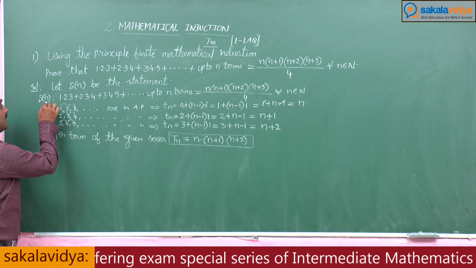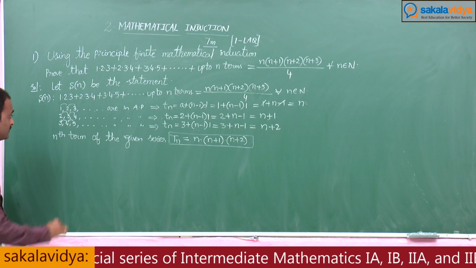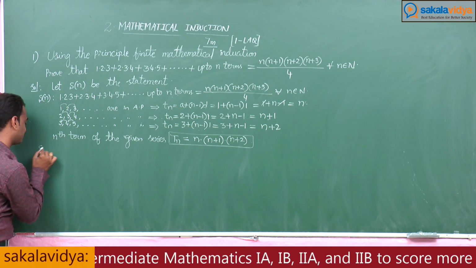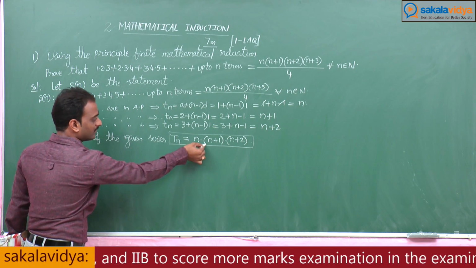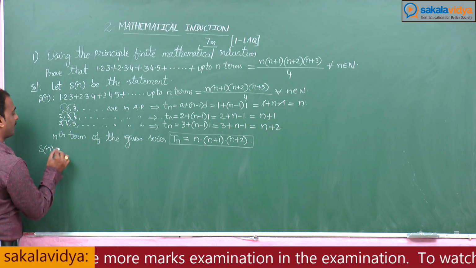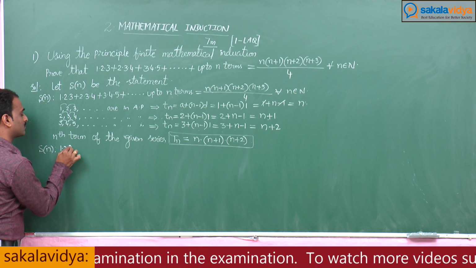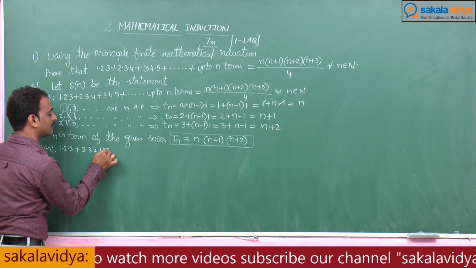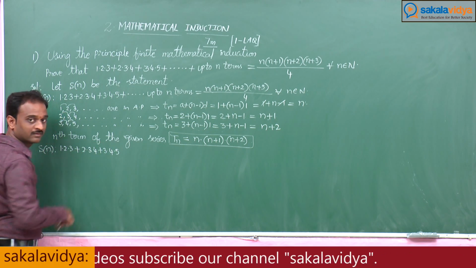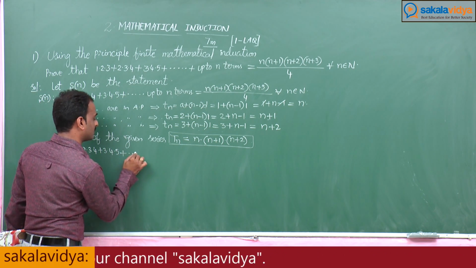Now the statement S of n becomes S of n, up to n terms. Nth term place lo ee value substitute చేసినట్లయితే 1 into 2 into 3, plus 2 into 3 into 4, plus 3 into 4 into 5, plus so on.